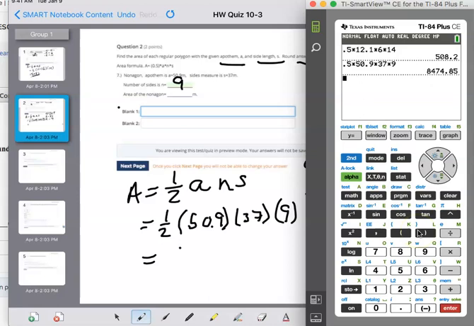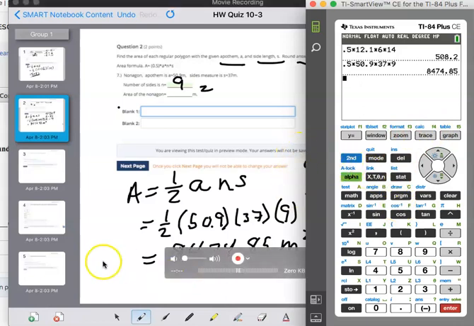They asked me to round to the nearest hundredth, so 8,474.85, and that is meters squared. There should be a little squared right here. I apologize for not having that in. That is a me issue. So we'll make that correction as well. I hope this is making sense so far.